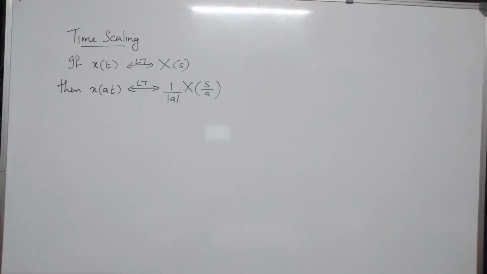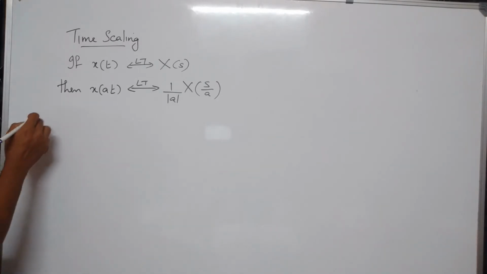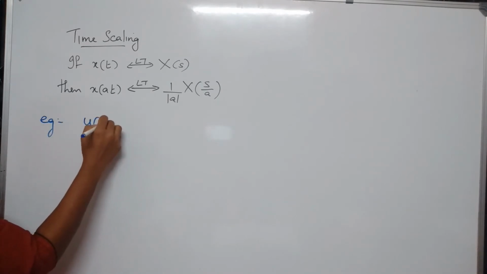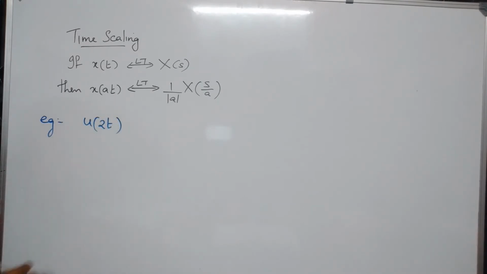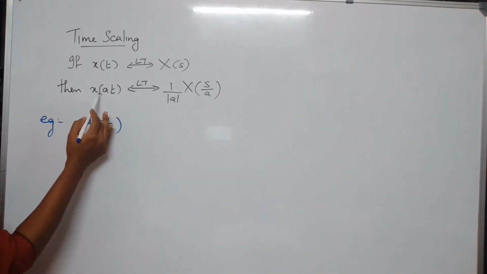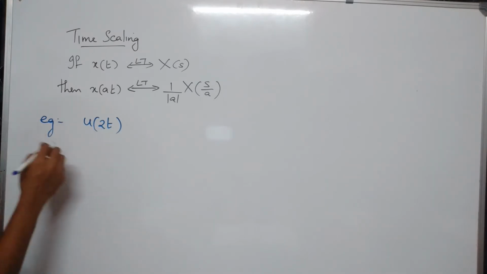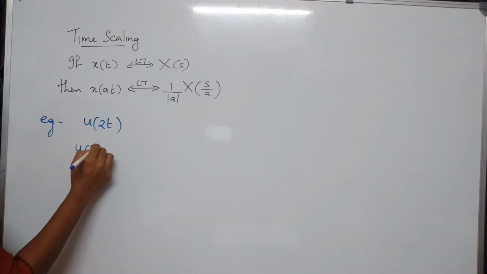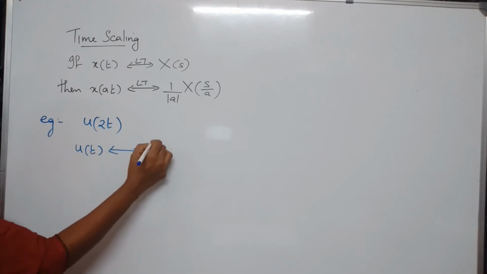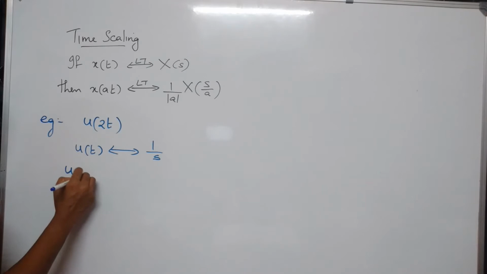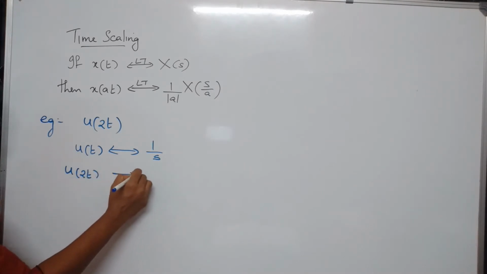Like an example. Suppose you are asked to find Laplace transform of u of 2t. Now, this is time scaling, right? When you compare this, we can see that the time is scaled by a factor of 2. So first we will write the standard equation. U of t Laplace transform is 1 by s. Then u of 2t will be, we can apply this.